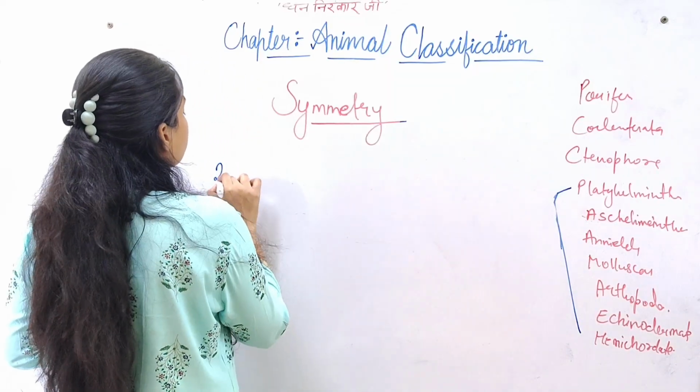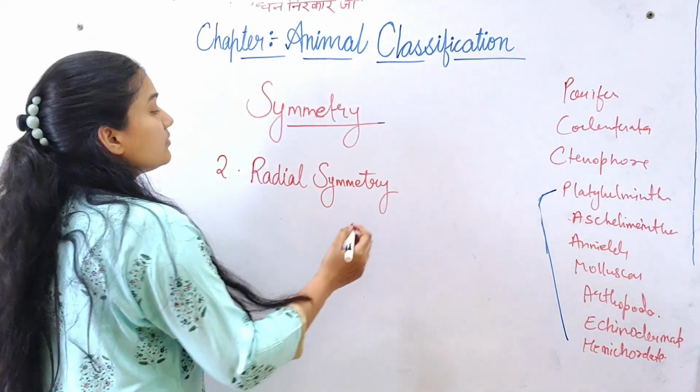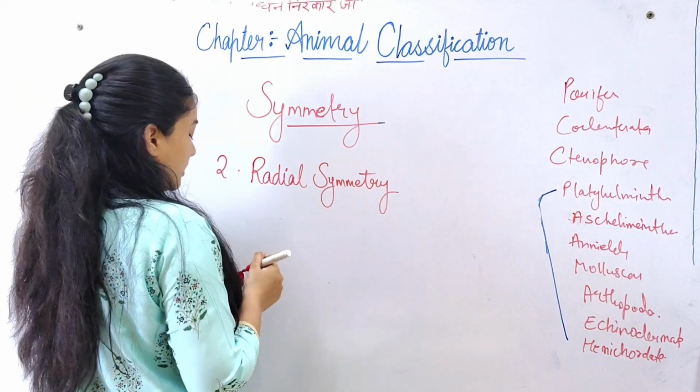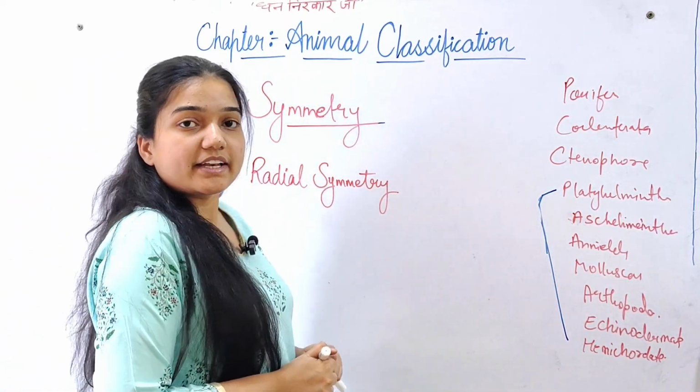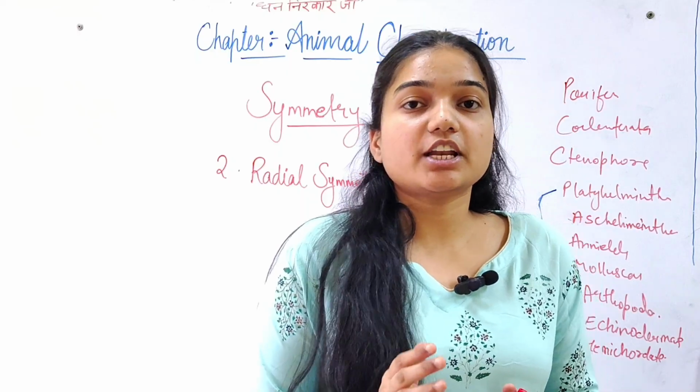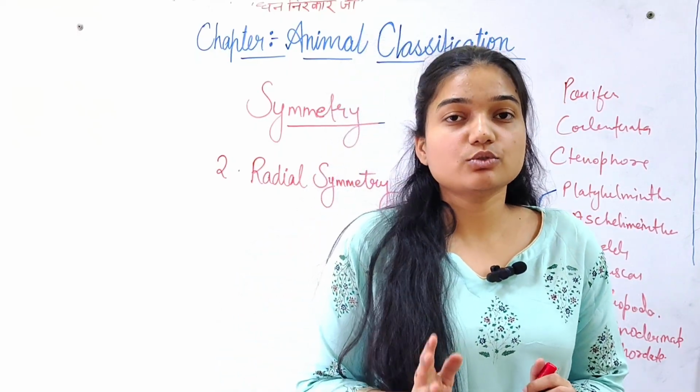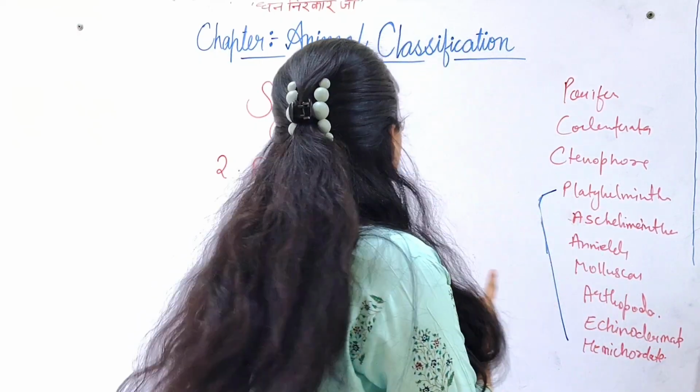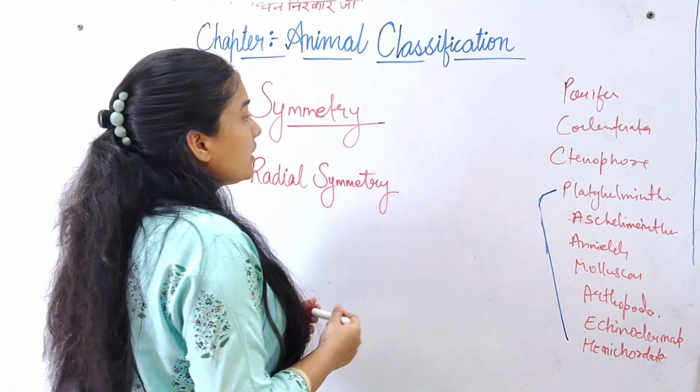Second one is radial symmetry. When any plane through the center of the animal body cuts it into two halves, it is called radial symmetry.